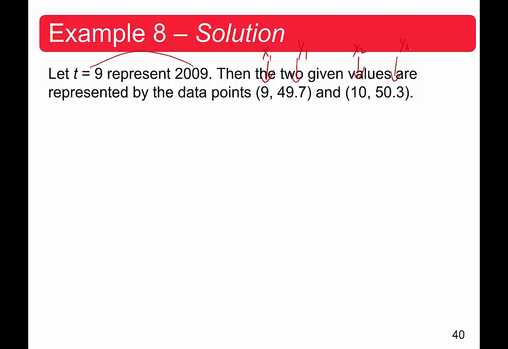That means we will be able to find the slope first. So y2 minus y1 over x2 minus x1. This slope indicates when the time t increases by 1 year, the sales go up by how many billion. So let's do that.